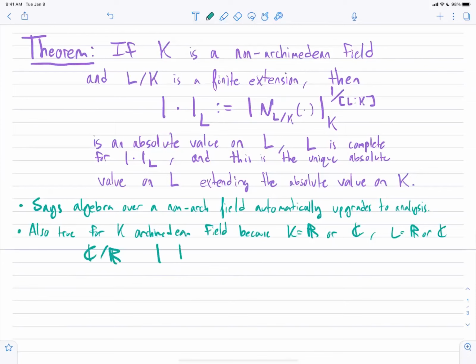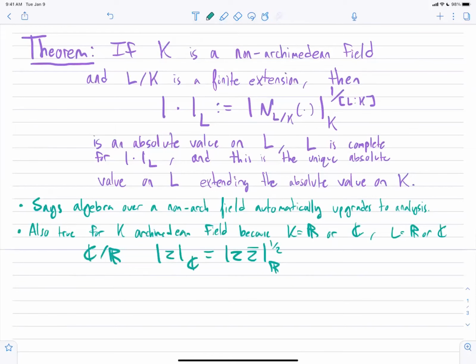But the absolute value on C is the standard absolute value, which is the value of z times z bar in the real numbers, to the 1/2.